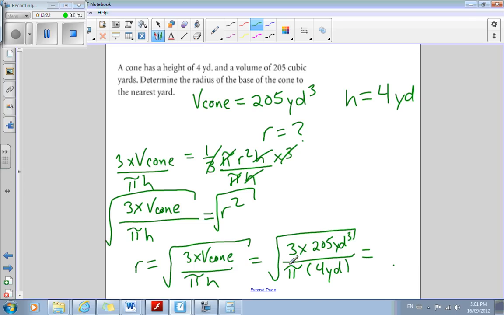And remember to press the pi button on your calculator. And when you do that, you get 6.99 and so on yards. Now we're dealing in imperial units, so we want to round up. So we have approximately 7 yards is our radius, and that is our final answer.